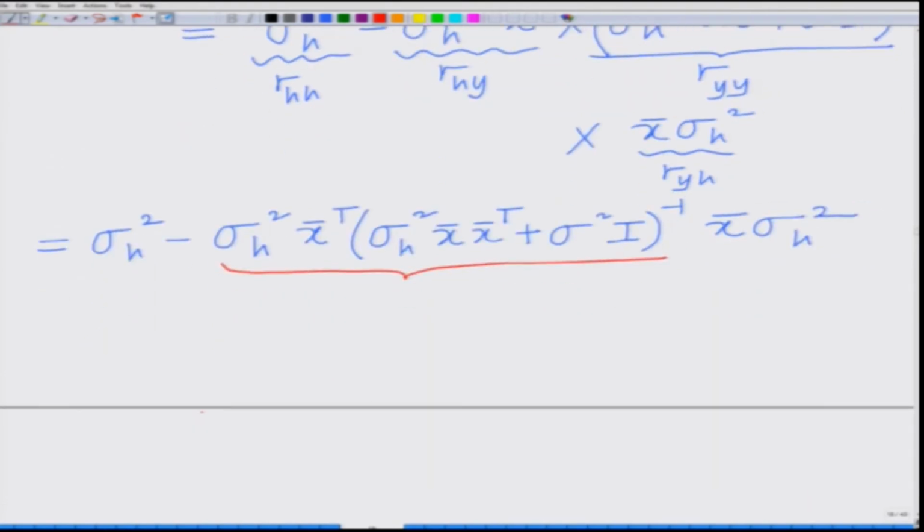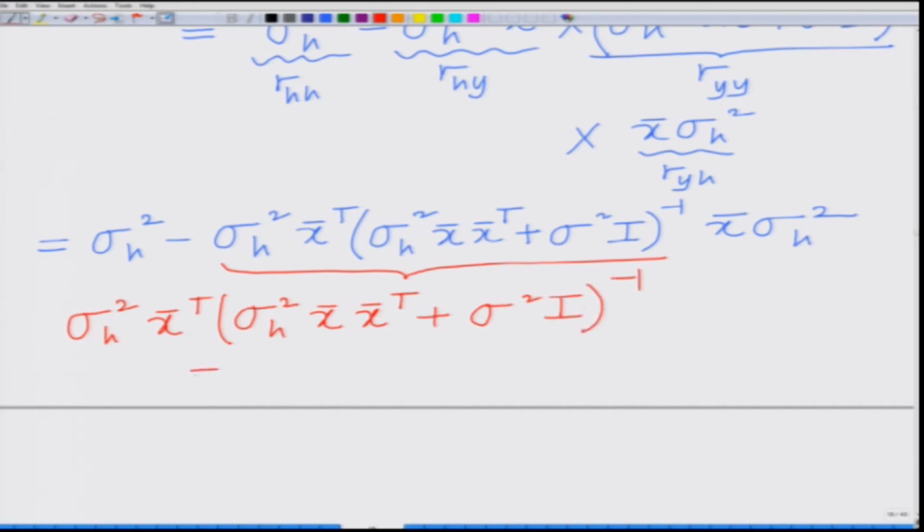You can recollect from the previous modules that sigma h square times x bar transpose, into sigma h square x bar transpose plus sigma square times identity inverse, is equal to sigma h square x bar transpose x bar plus sigma square inverse times sigma h square x bar transpose.